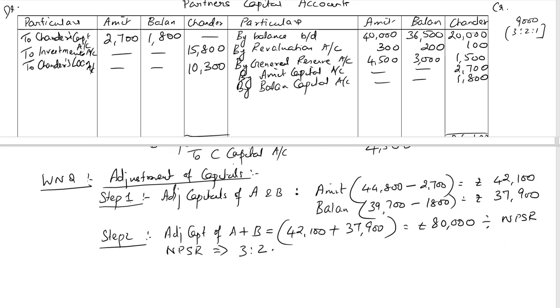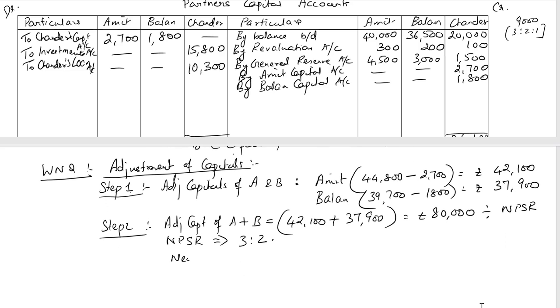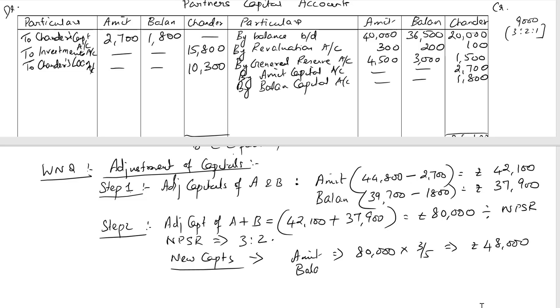So the new capital in the case of Amit is 80,000 into 3 divided by 5, which is rupees 48,000. And in the case of Balan, the new capital is 80,000 rupees multiplied by 2 divided by 5, which is rupees 32,000.